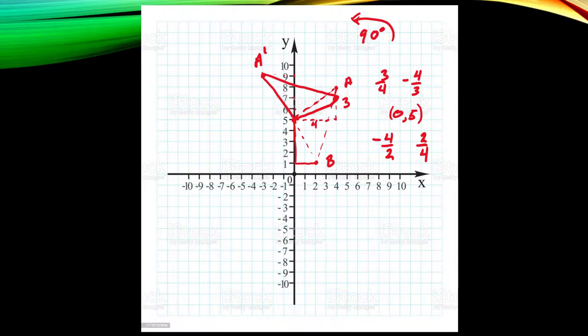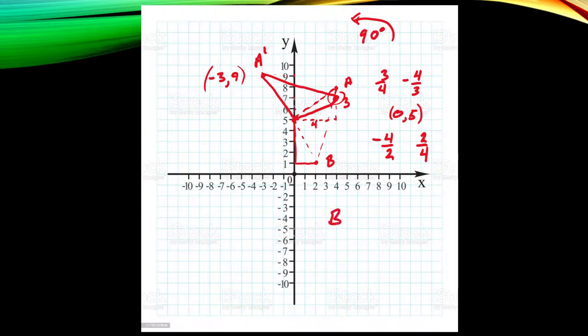Let's put the points in. A prime is going to be, looks like -3, 9. And point B, that's right there, looks like that.